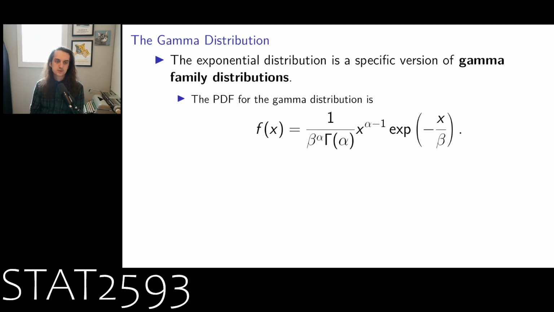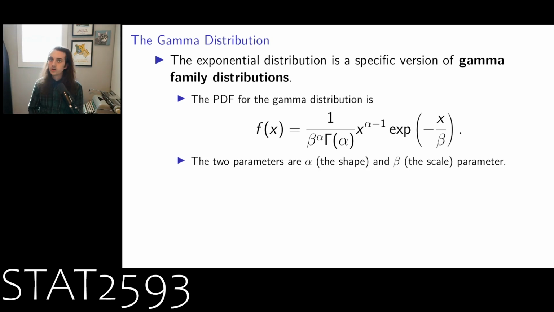We write it as 1 over beta to the power of alpha times this function gamma of alpha, which we'll look at in some more detail in a moment. Then we take x to the power of alpha minus 1, e to the power of negative x divided by beta. So there's a little bit more going on there, but this is a generalization of the exponential distribution. We call alpha the shape parameter, and we call beta the scale parameter.